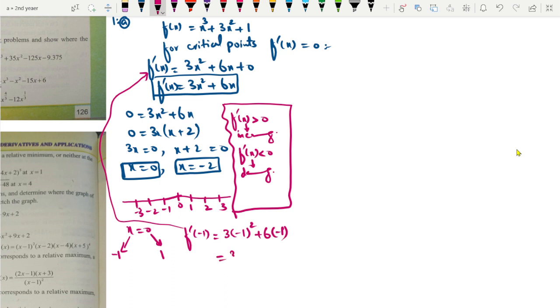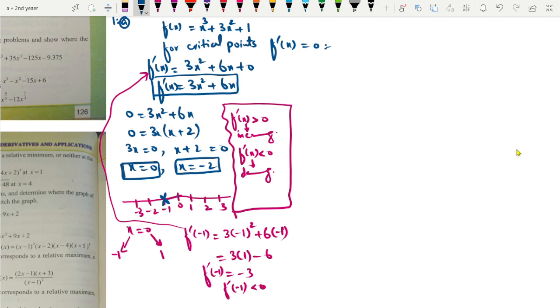So this will become 3 into 1 minus 6. So this is minus 3. So f prime of minus 1 is less than 0, so the function is decreasing at x is equal to minus 1.